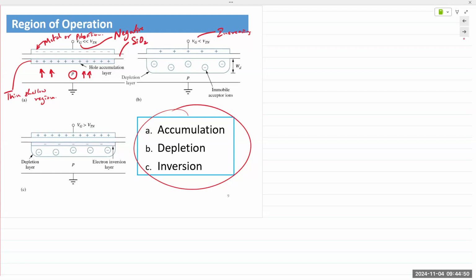And when it increases in value, we're now applying positive charges at the gate. What happens? Positive charges at the gate. So the positive holes are repelled.